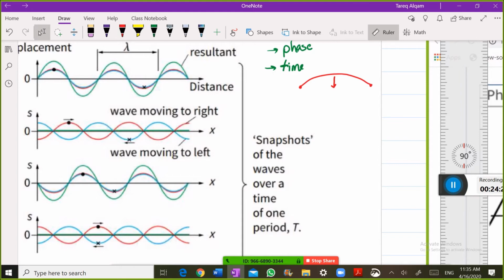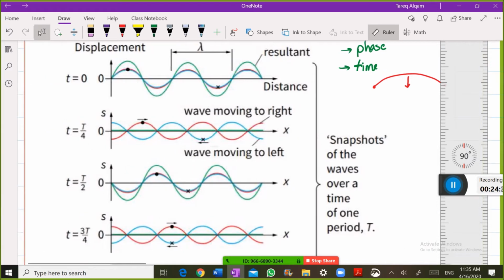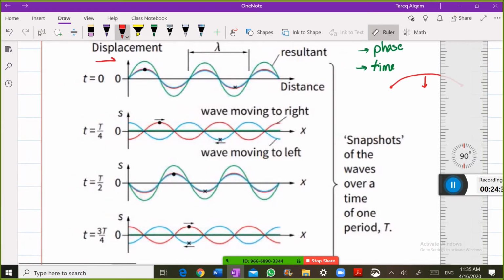The standing wave first period, let's say this is the first moment, this is the resultant wave. Let's consider first of all only the green one. After quarter cycle, it returns to the position here, it shifted down. It becomes at the equilibrium position. After another quarter period, it will be shifted back here. Look to the green one only.